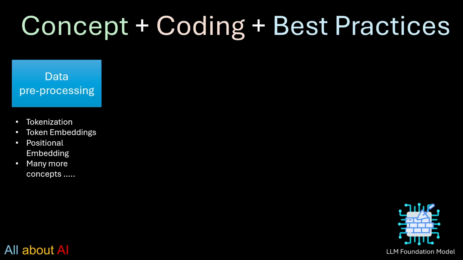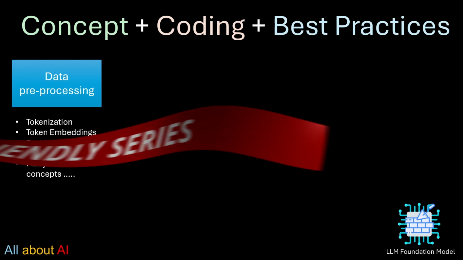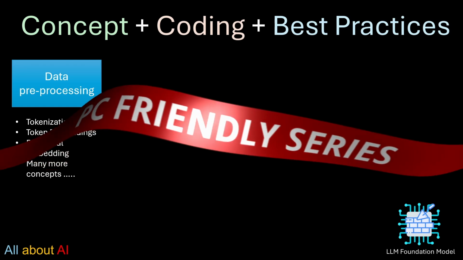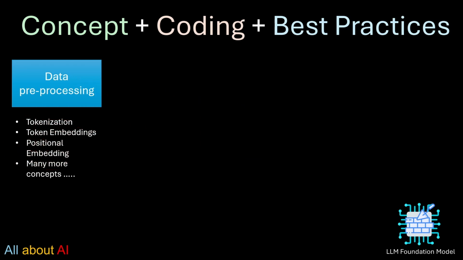Our intention is to build a toy large language model using a small dataset. It's PC-friendly. Even if you don't have a GPU in your personal computer or laptop, you should be able to use the code to explore and understand the concepts. So we'll be covering tokenization, various tokenization methods.